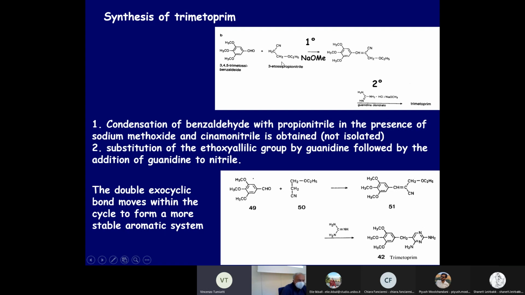So from acetic acid we have acetonitrile, propionitrile from propionic acid, and so on. We have an aldehyde, and we have this carbon with two acidic hydrogen atoms. In the first step, the presence of a strong base is necessary.